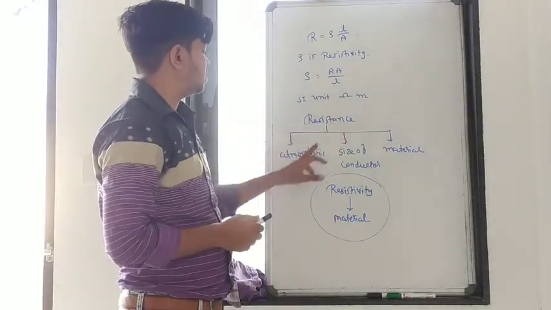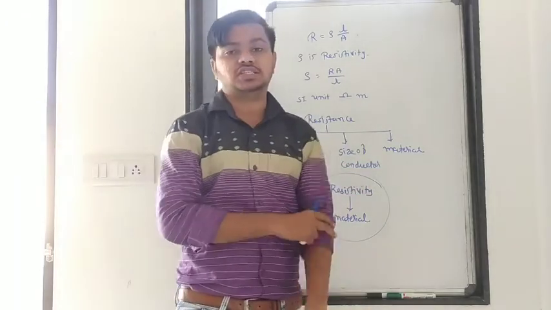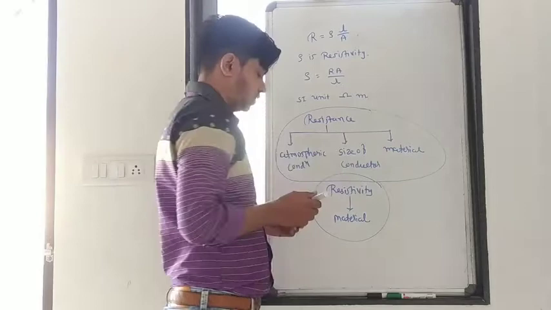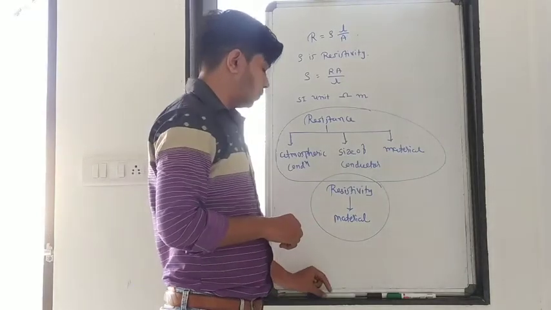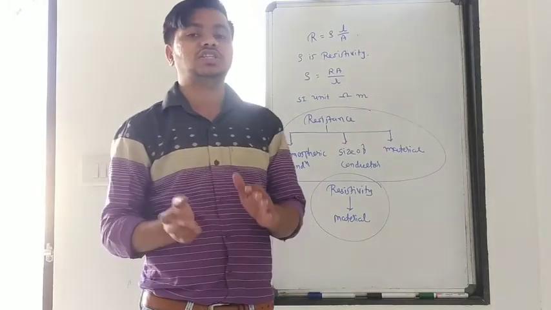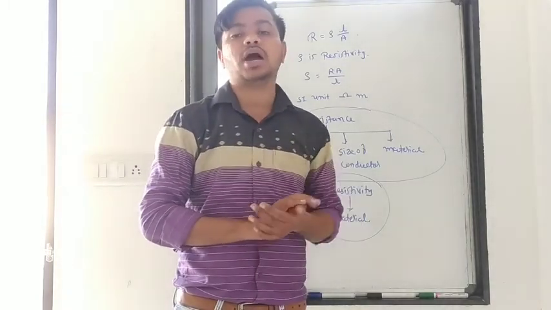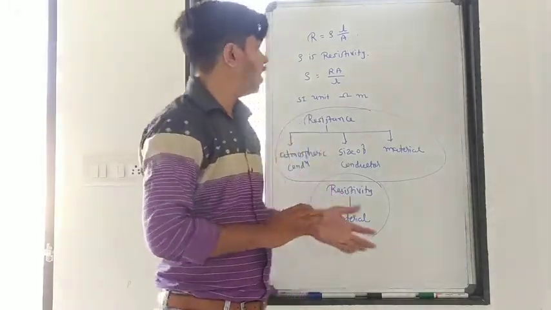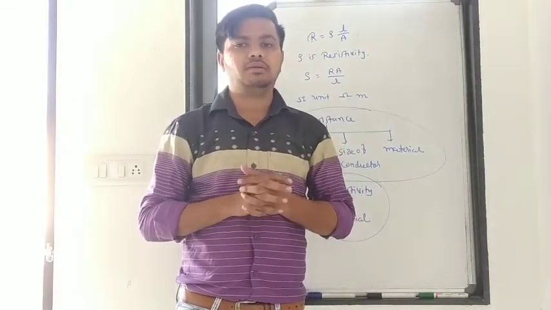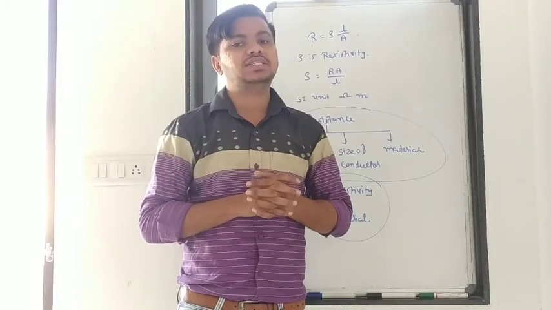While the resistance depends on these three things, you have to know this, because sometimes 1-mark questions can be confusing. Sometimes you think that resistance and resistivity are the same, but both are different. So here is our topic, resistivity. The other topic related to resistivity will be seen in the next video.